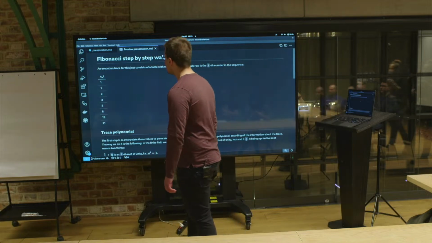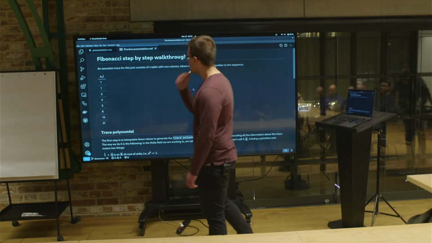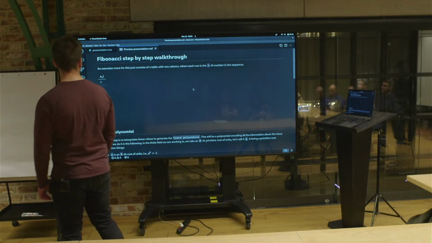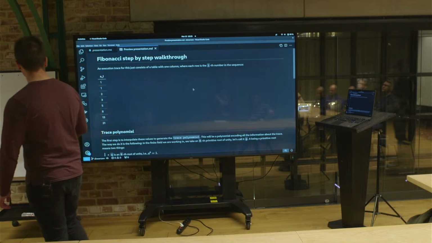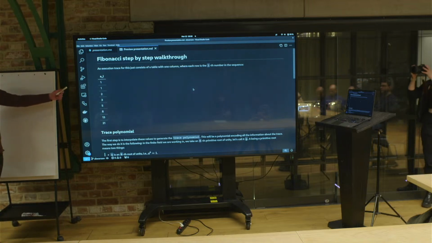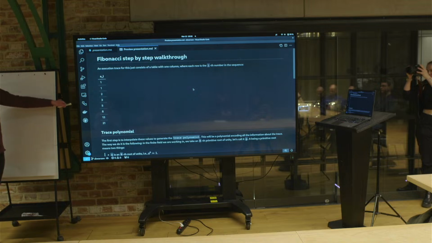Okay. So the first thing, like I said, we start with is the Fibonacci step-by-step walkthrough. We start with the execution trace of the Fibonacci program, and it is exactly as it is here. It is every state of the machine that was calculating the Fibonacci program.